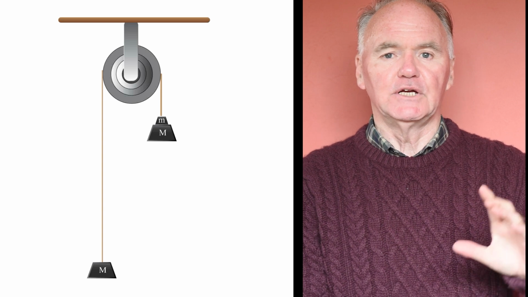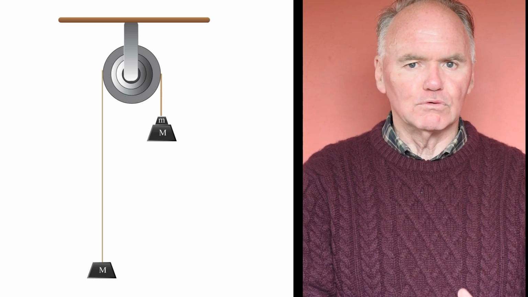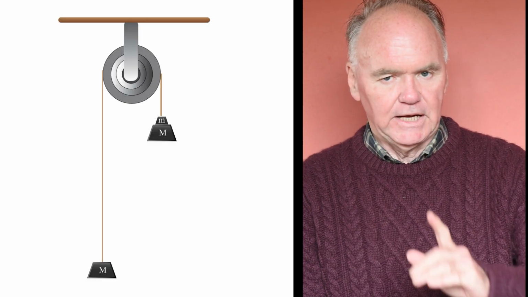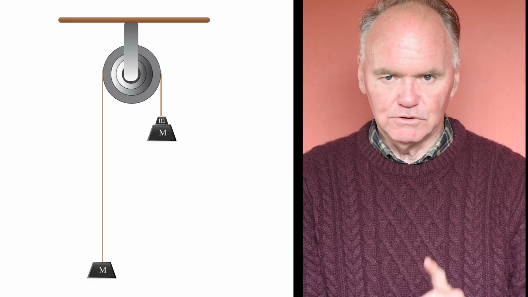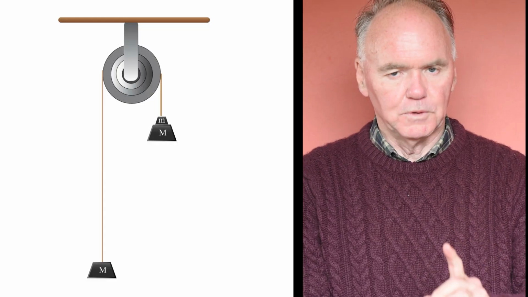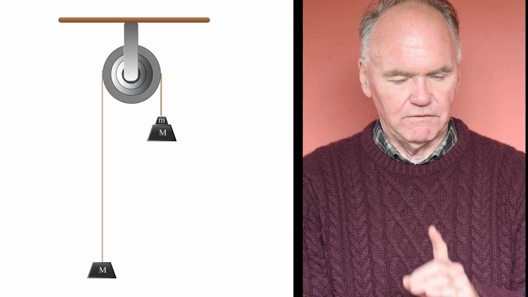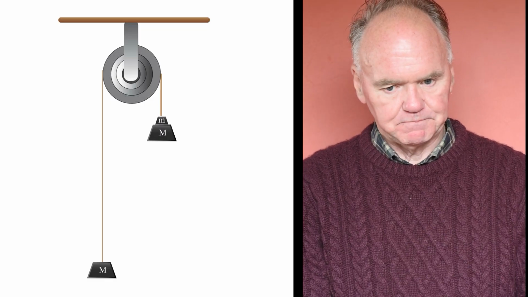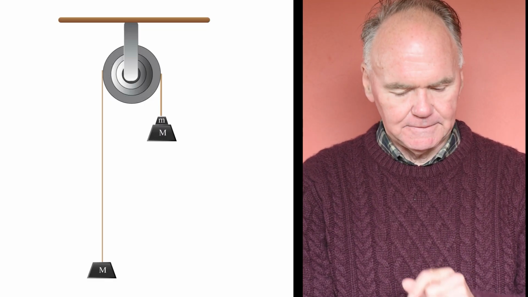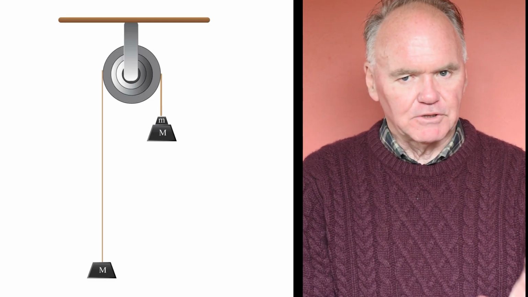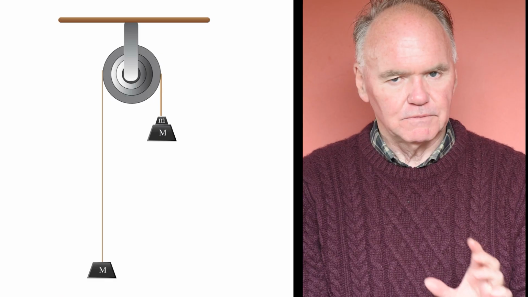It's a device that we can use to investigate all sorts of dynamics phenomena. In this video I'm going to show you how we can use this device to get a value for the acceleration due to gravity.